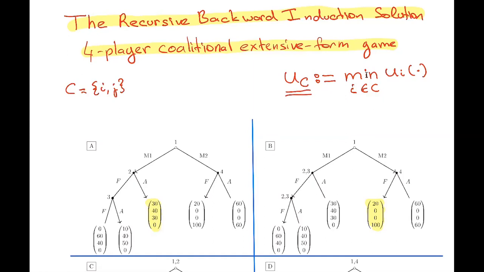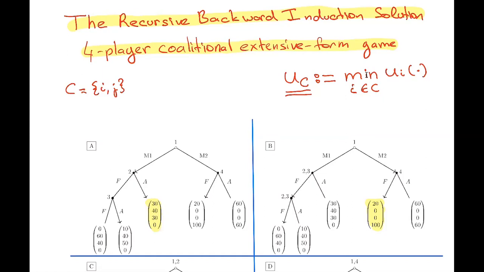Obviously, this is true only if they choose to form a coalition. In general, they are free to do so. But in the recursive backward induction solution, individual players join a coalition only if they have strict incentives to do so.